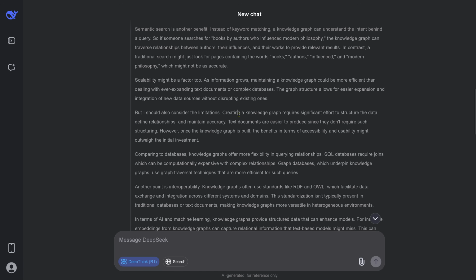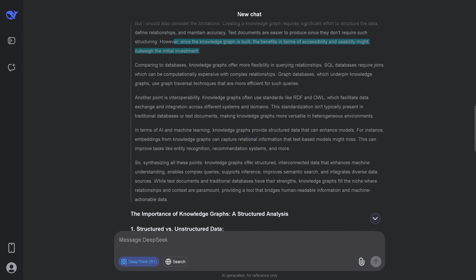Creating a knowledge graph requires significant effort to structure the data, define the relationships, and maintain the accuracy. Text documents are easier to produce since they don't require such structuring. However, once a knowledge graph is built, the benefits in terms of accessibility and usability might outweigh the initial investment.